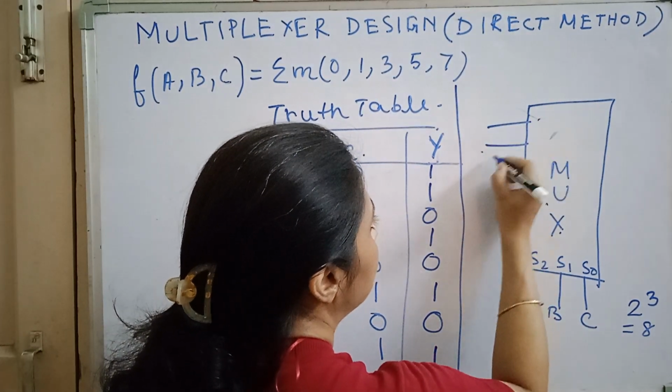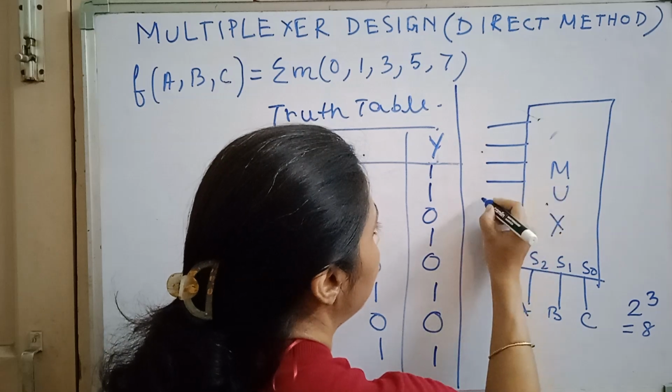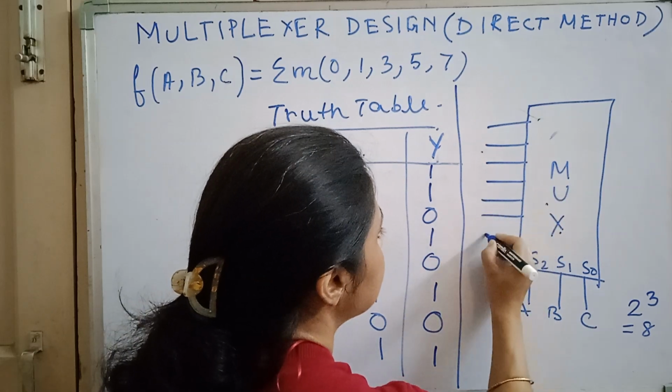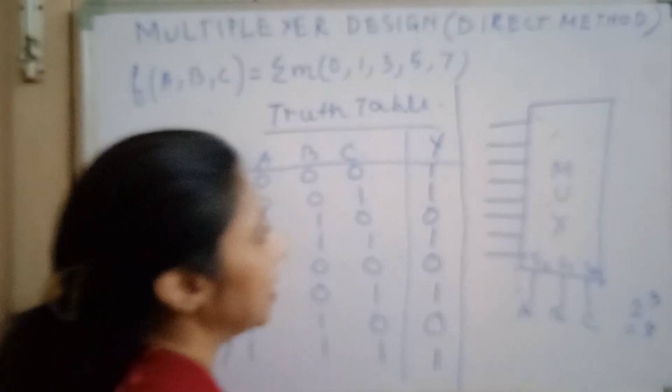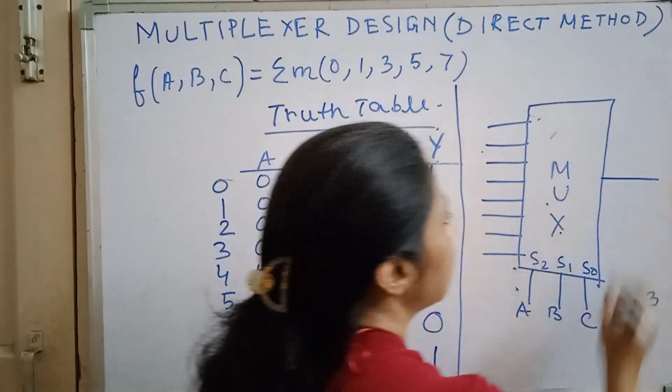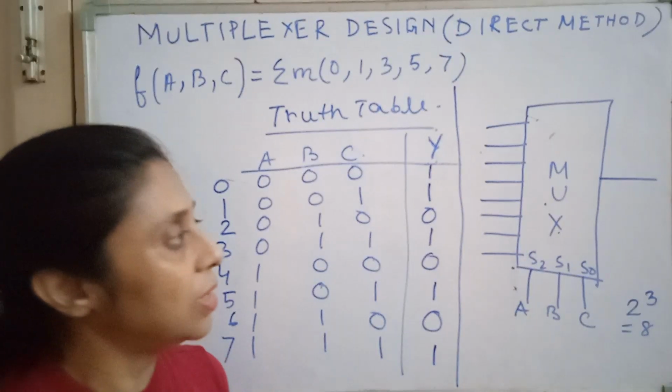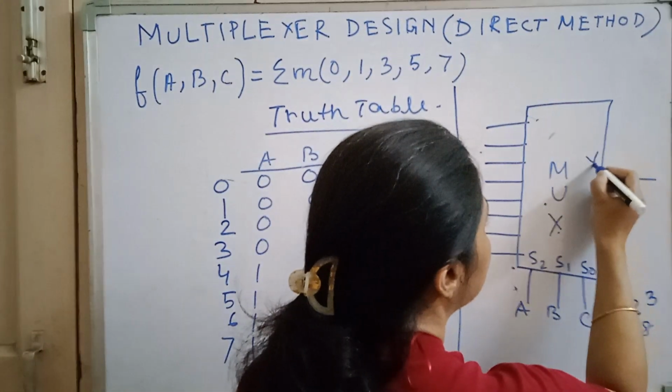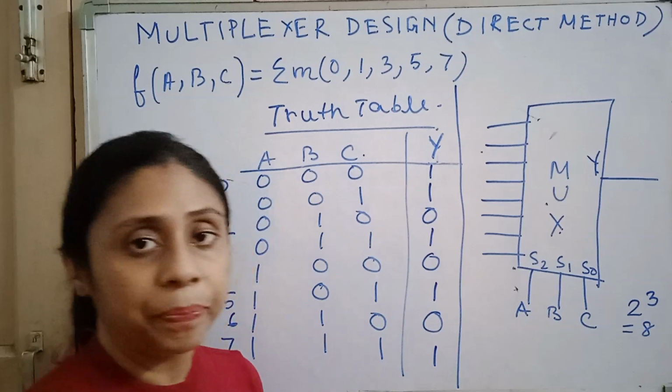1, 2, 3, 4, 5, 6, 7, 8. There are 8 input lines, and the output line of a multiplexer is always 1. So Y is the output line. Right.